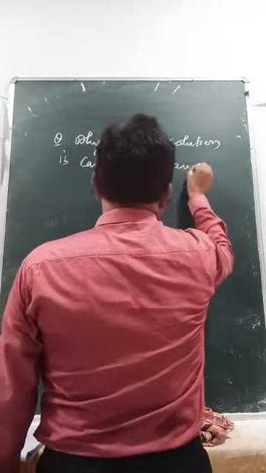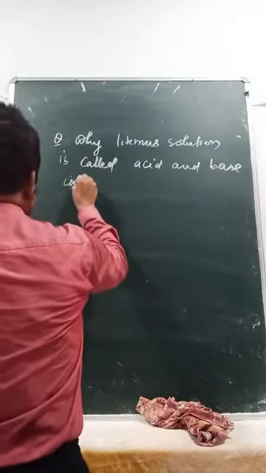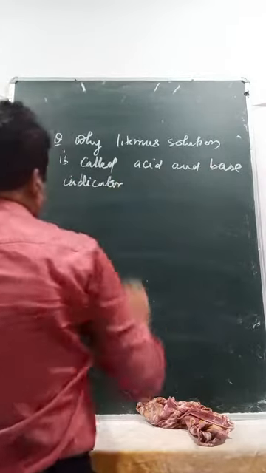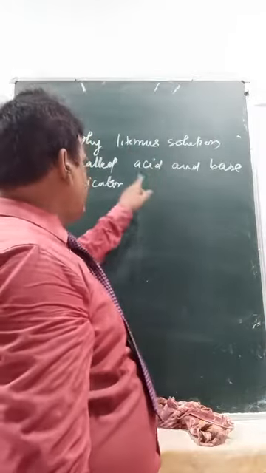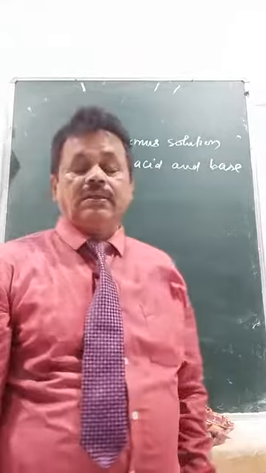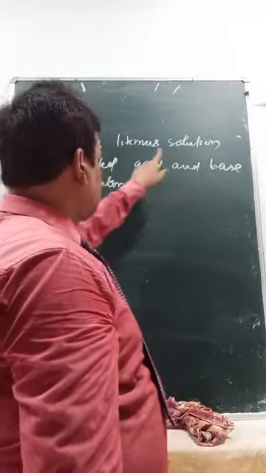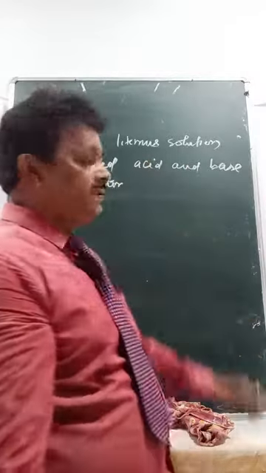What can the litmus solution identify, acid and base? It's very simple here. Litmus solution changes in the presence of acid to red. Blue changes to red. Okay.